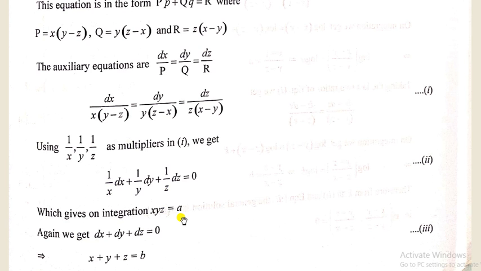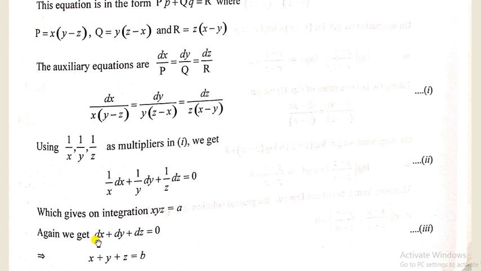Then again, we do not use the multipliers; we just add the terms here: dx + dy + dz, and the denominator xy − xz + yz − yx + zx − zy. So simply we add the terms, and the denominator term is once again cancelled out. So the numerator is dx + dy + dz equal to 0, and the denominator is 0.